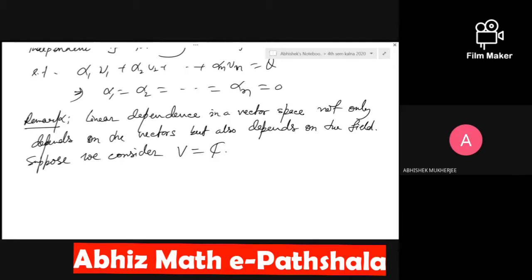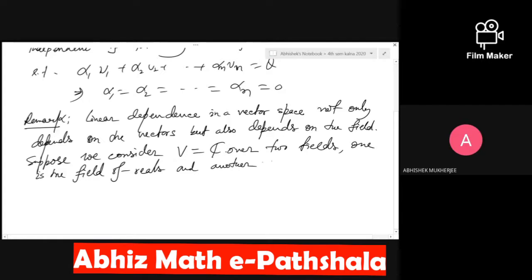One is the field of reals and another is the field of complex.